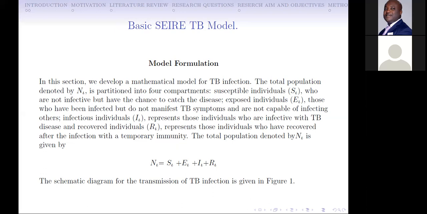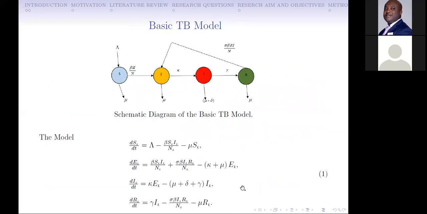Infectious individuals represent those who are infected with TB disease, and the recovered individuals represent those who have recovered after infection with a temporary immunity. The total population denoted by N is given by N equals S plus E plus I plus R. The schematic diagram for the transmission of TB infection is given in figure 1.